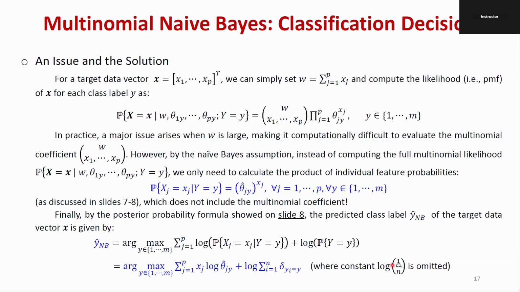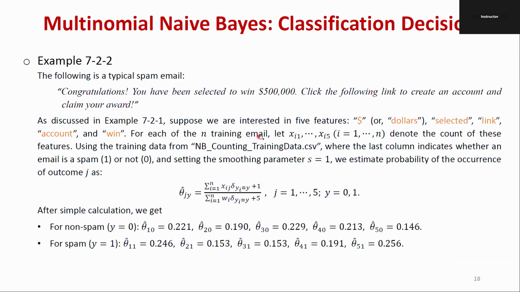The constant log of 1 over n is ignored, because it's a constant, so who cares? We just compute this for each y in 1, 2, 3, 4, 5 till m, get m numbers, and classify the target data under the label which has the highest log posterior probability. Done. Super simple. That is the whole story of categorical naive Bayes.